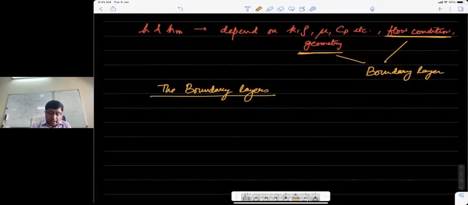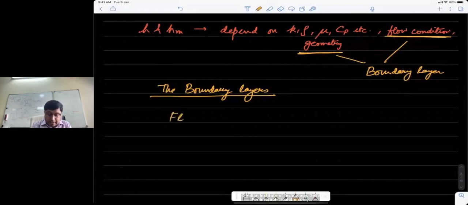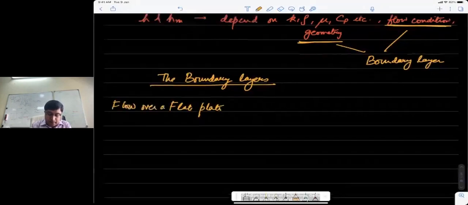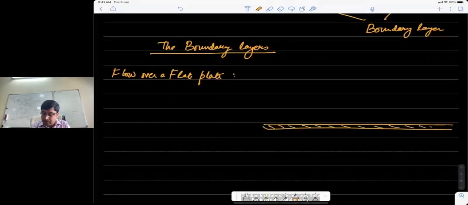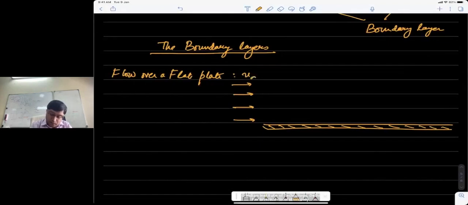Now you have only considered the hydrodynamic boundary layer, or the velocity boundary layer, in your fluid mechanics. So as a simple case, let's consider flow over a flat plate. Say we have a plate on which there is a uniform flow, with free stream velocity u infinity.